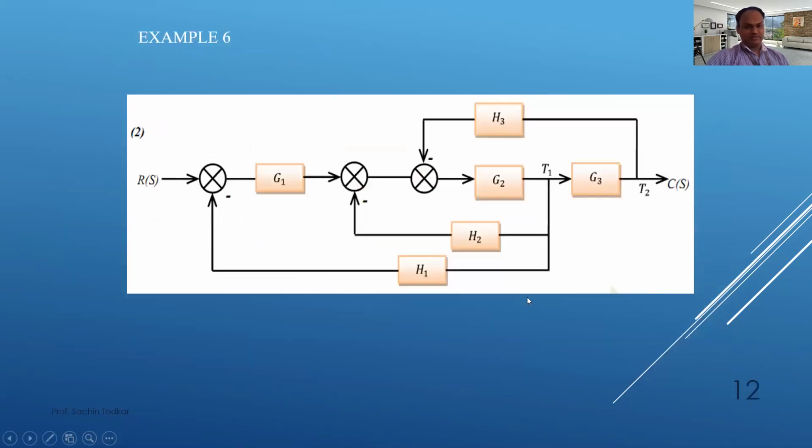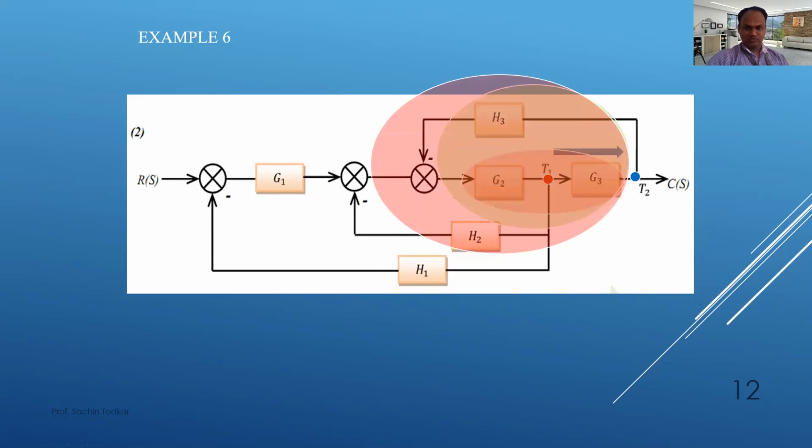Again, in this example, we have to find out the inner loop first. But here it is problem that here is a landing point, there is a takeoff point. So in that case, what we are going to do, we are going to take this takeoff point on the right side of that particular block. And for that, we are going to use some rules.